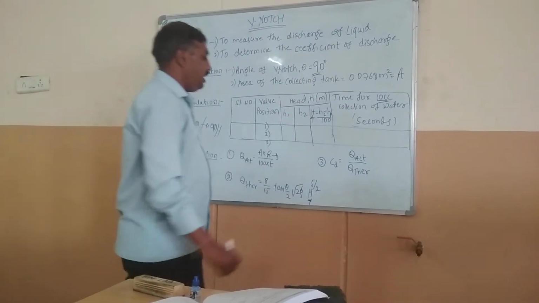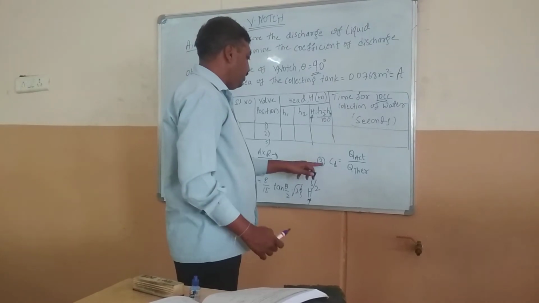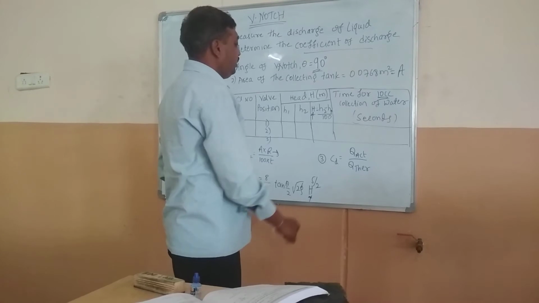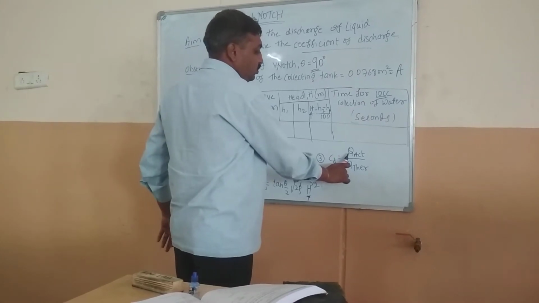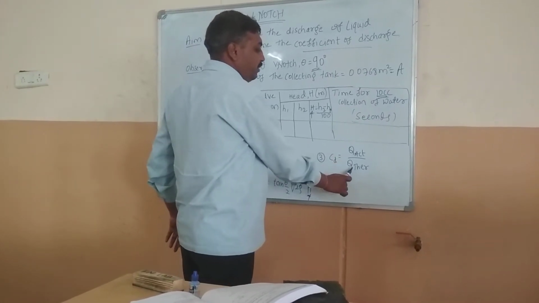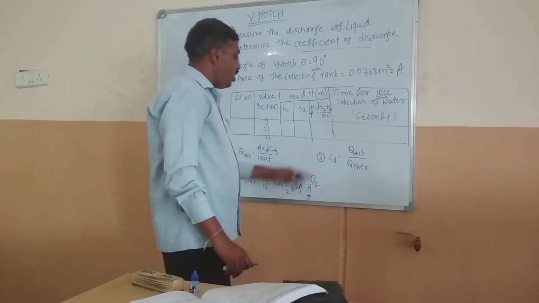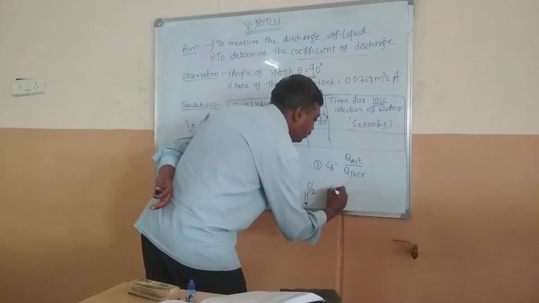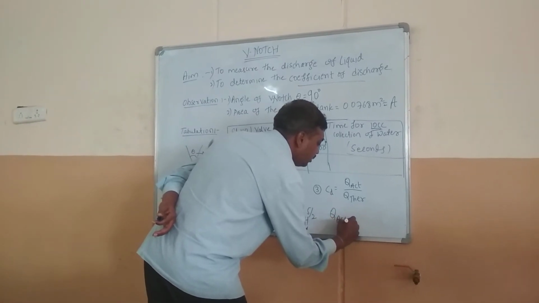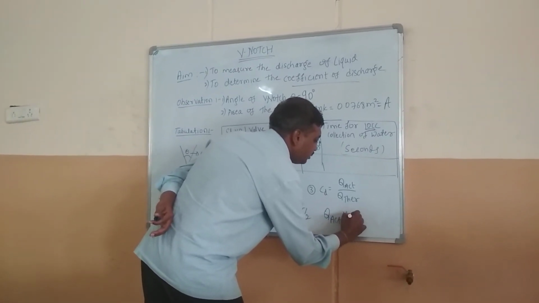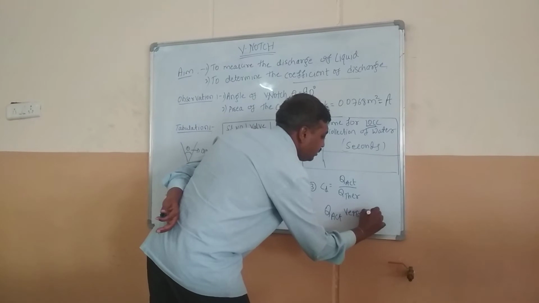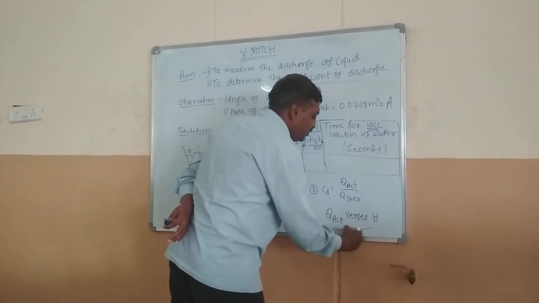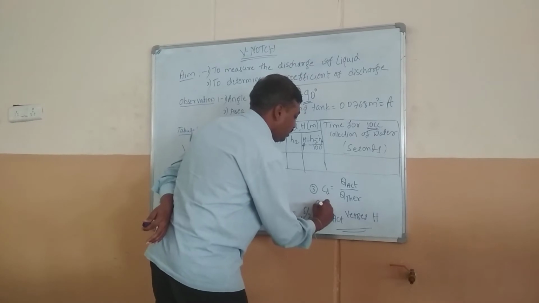Later we will find the coefficient of discharge, that is the aim. Coefficient of discharge is equal to the actual discharge divided by the theoretical discharge. After this calculation, you can plot the graph, Q actual versus head. You need to plot this graph, Q actual versus head.